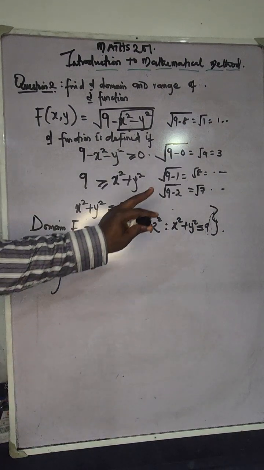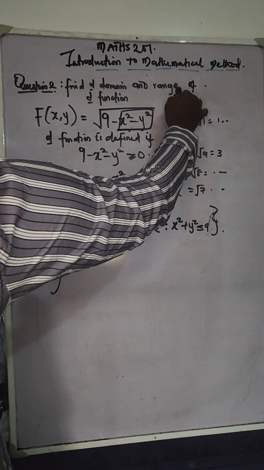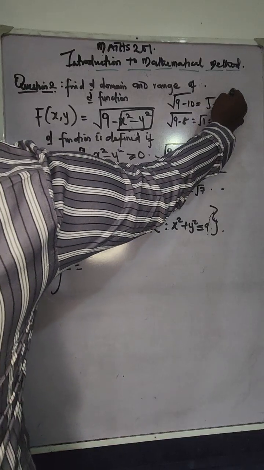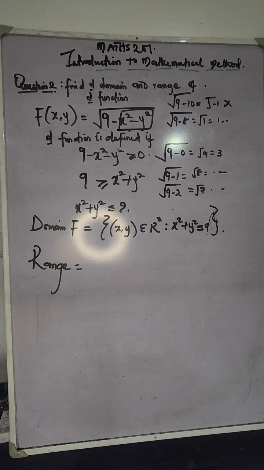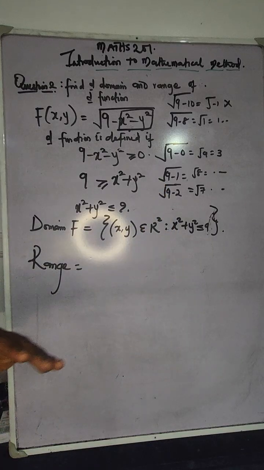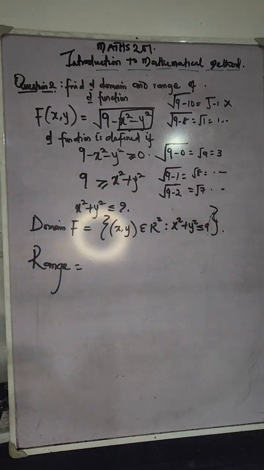The only time we begin to have a problem is when we say 9 minus 10, which is the square root of minus 1. So we are wrong at this point. We start from the place where we began to make sense and stop where we stopped making sense. So the range of this function is from 0 to 3, right?